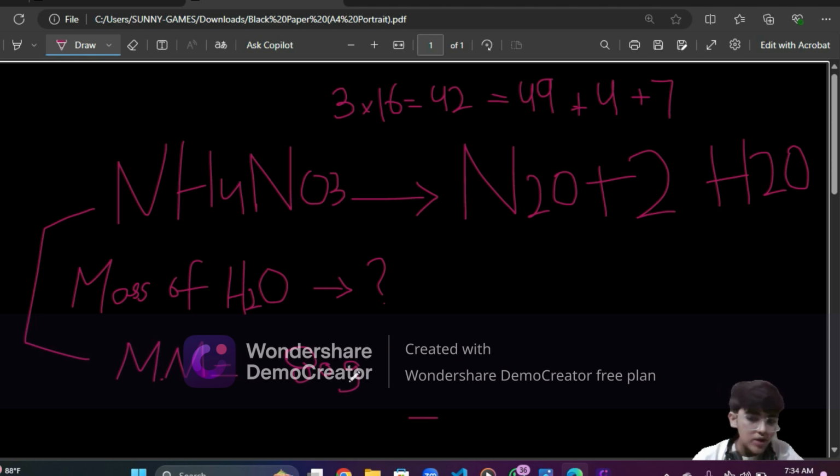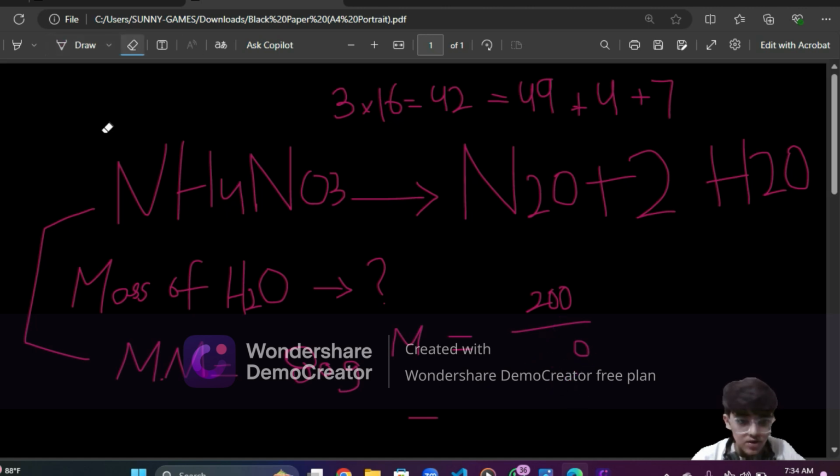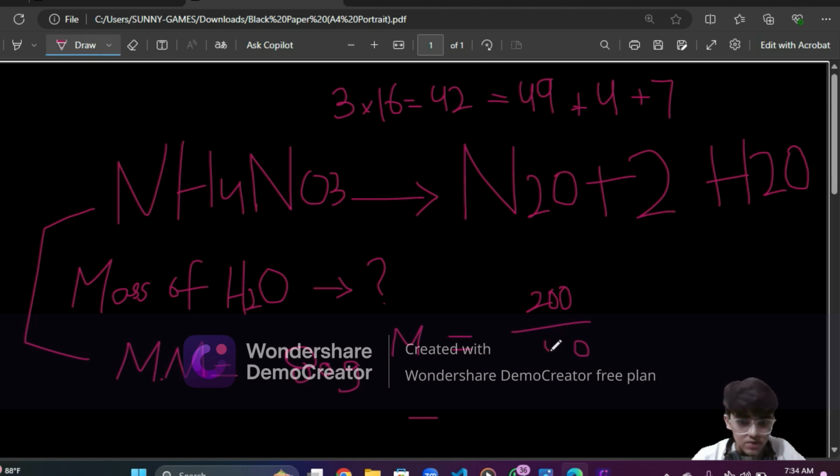Now what if I say moles equals, I have to find the moles first, given mass upon molar mass. That will be 200 divided by 80, right? Let me clear it up again, I just messed up. So this was 80. 2 4s are 8, that will be 100 upon 4, 4 1s are 4.